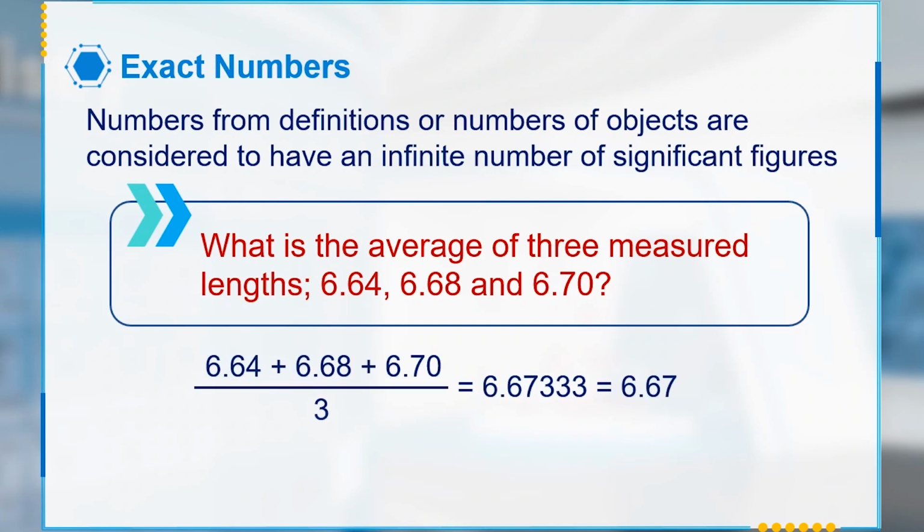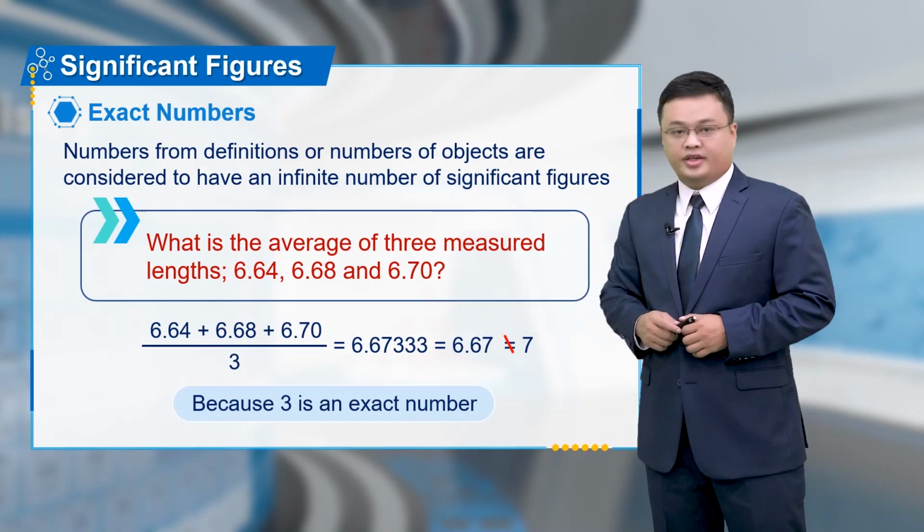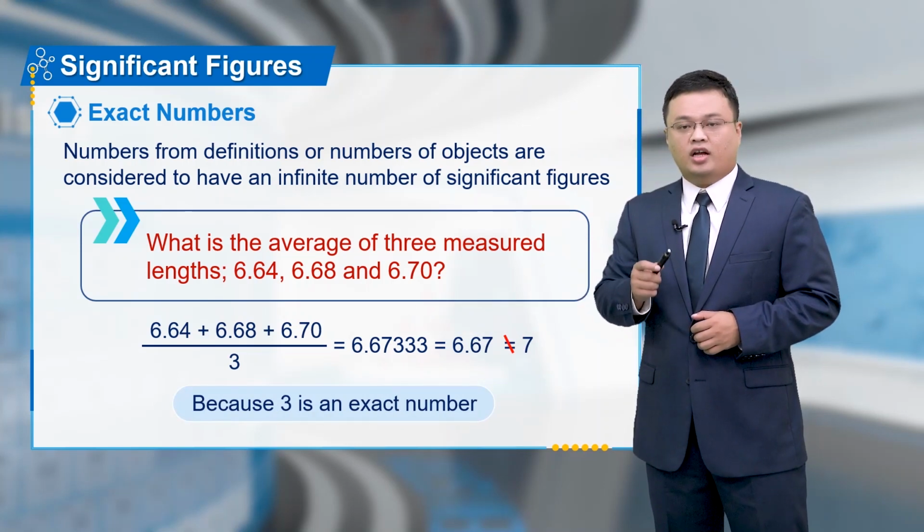The average of the three numbers is 6.67333. Since all three numbers have three significant figures, the answer also has three significant figures, which is 6.67. Because 3 is an exact number here, the answer should not be rounded off to 7.